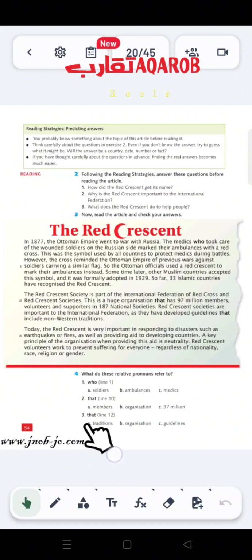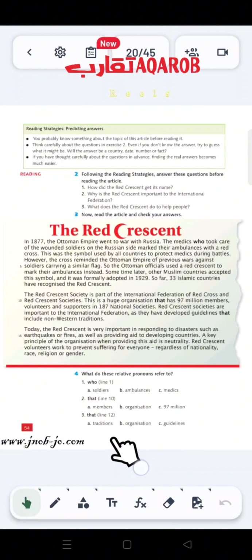And number 3, that, line 12. So let's read the whole sentence. Red Crescent societies are important to the International Federation as they have developed guidelines that include non-Western traditions. So these guidelines include non-Western traditions.